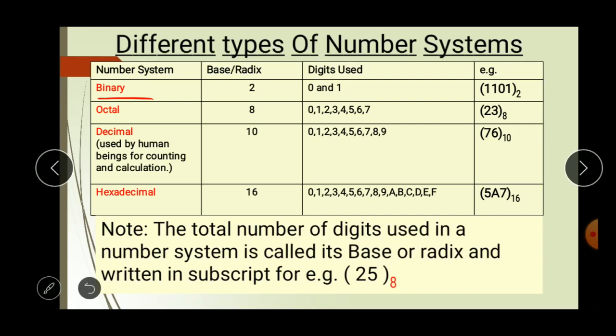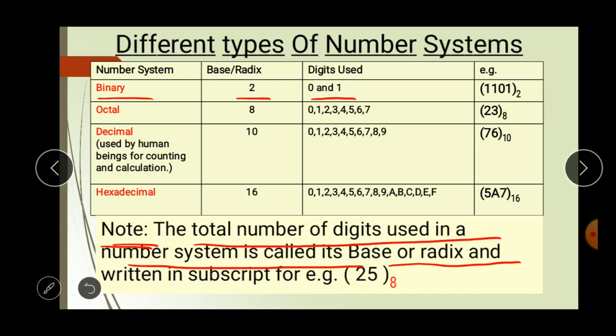In binary number system we have two digits for use, that is 0 and 1. That is why its base is 2. Now the question is, what is a base? You can see here the total number of digits used in a number system is called its base or radix.